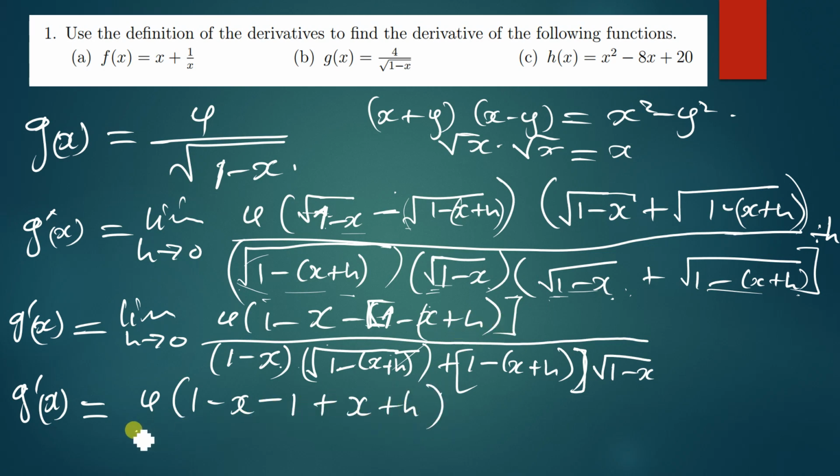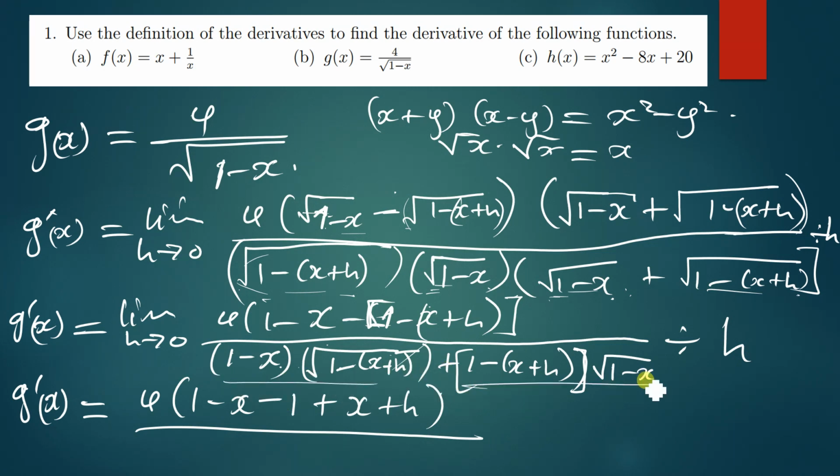Then down there, everything here is also being divided by h. So down there, you're going to have this same expression that we have, but multiplied by h. So we have h there, and then open brackets, we have x minus 1 times the root of 1 minus x plus h.